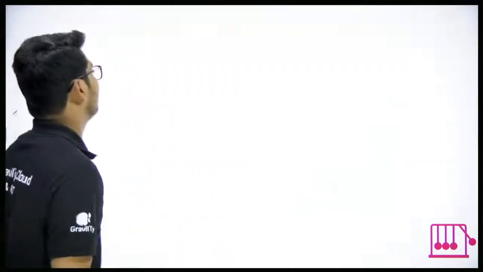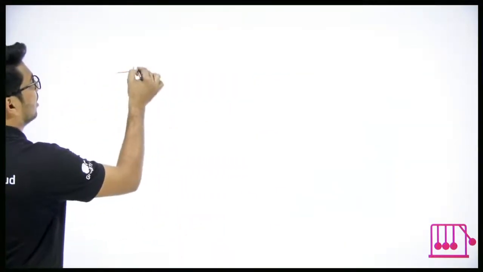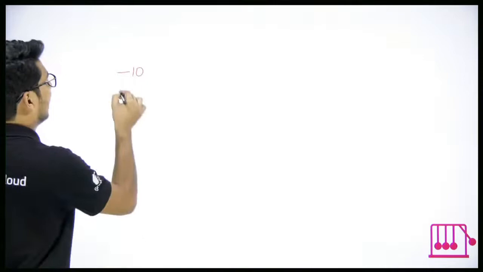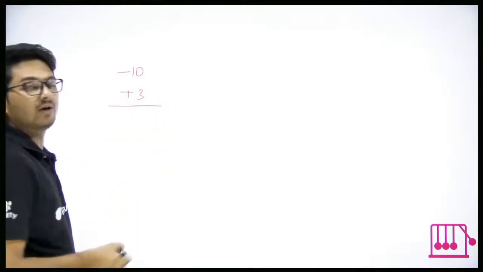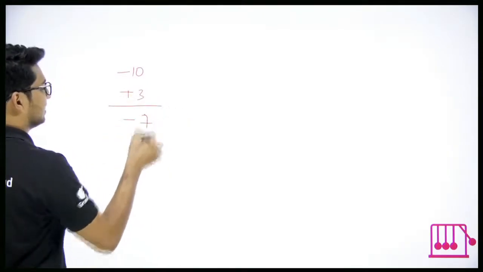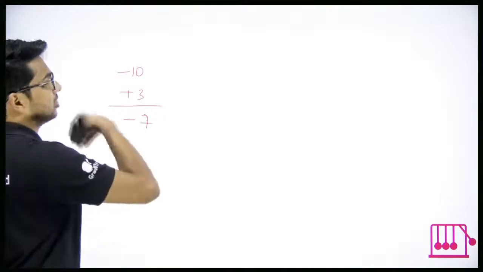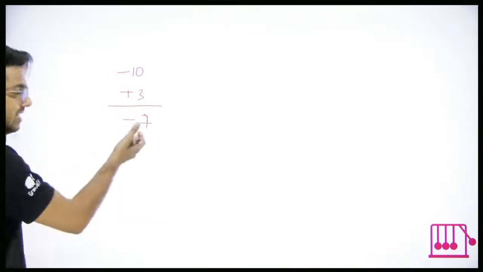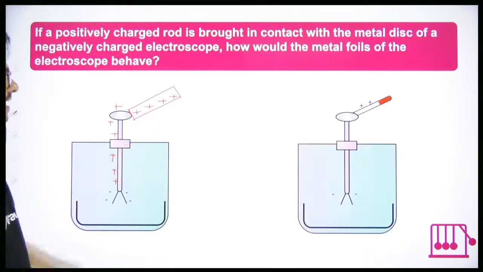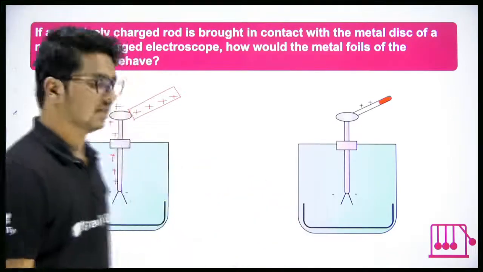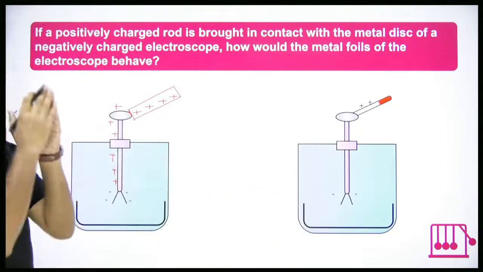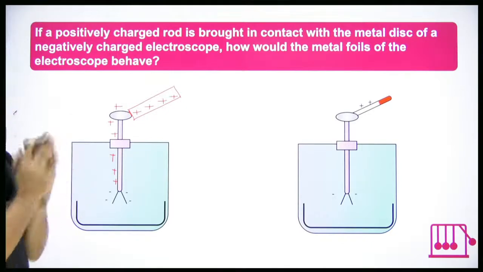You can take an example if you want. You can say, already minus 10 were there. I am adding plus 3 to it. What will it become? It will become minus 7. So if you add positive charges to it, it will become less negative. Right? Less negative. So that's what happens. If it becomes less negative, they come closer. They repel less.